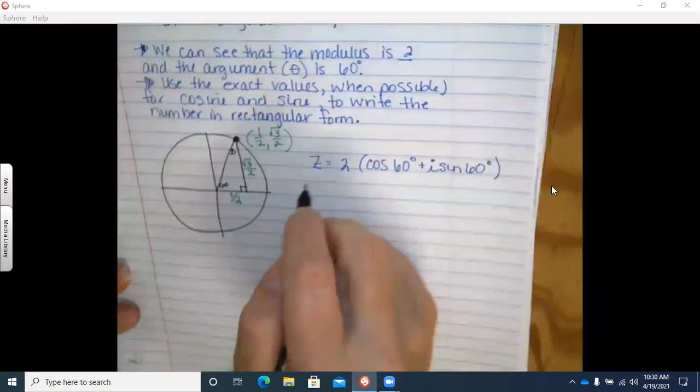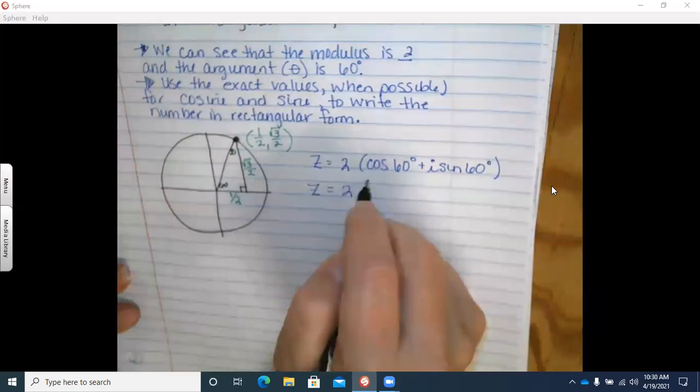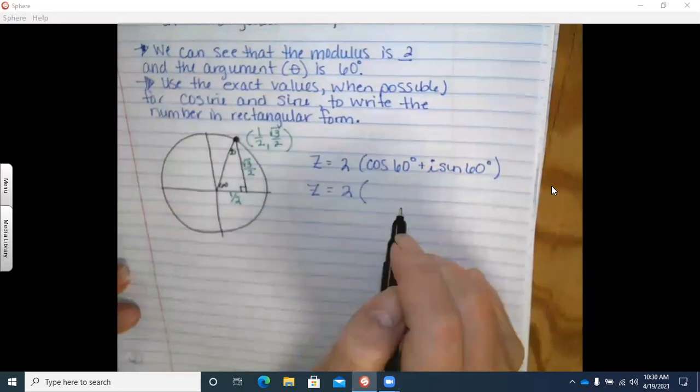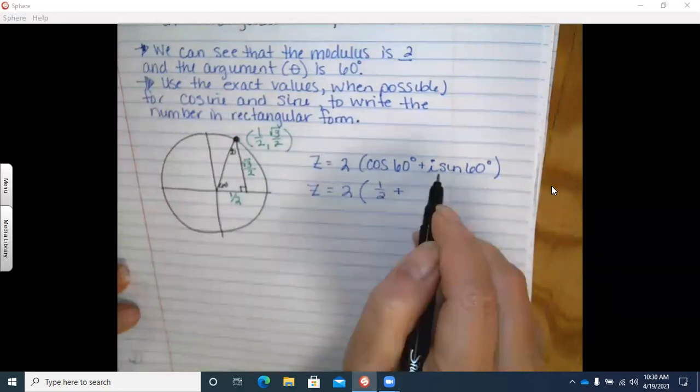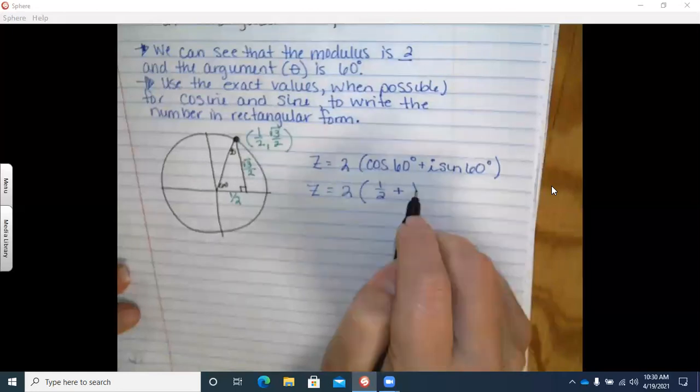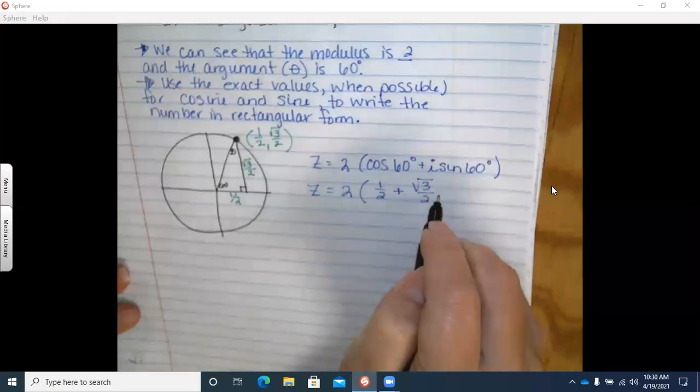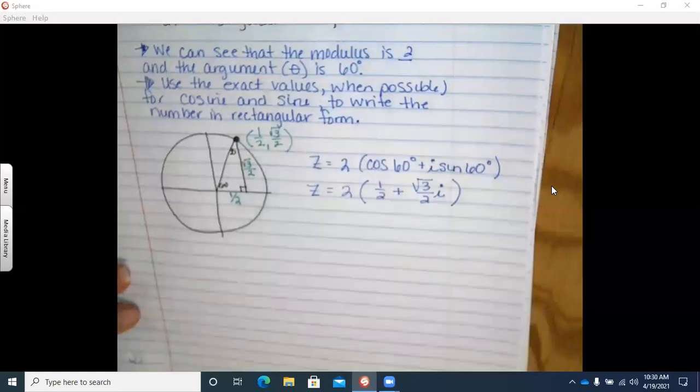So z equals 2 times the cosine of 60 degrees was 1/2 plus the sine of 60 degrees was square root of 3/2, but we've got to put that i with it. So square root of 3/2, and either put the i to the left of the radical or to the right of the fraction.